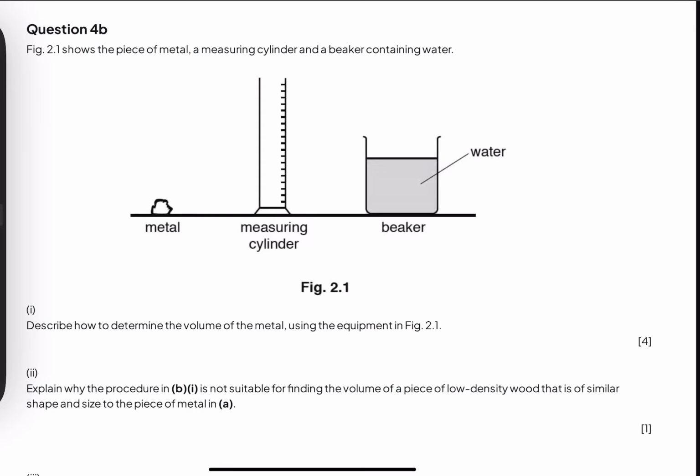Then we have to add this metal into the measuring cylinder. Then we will find the changed volume, and subtracting the initial volume of the liquid from the changed volume, we get the volume of this metallic irregular shaped object. Okay, so this is the whole process.